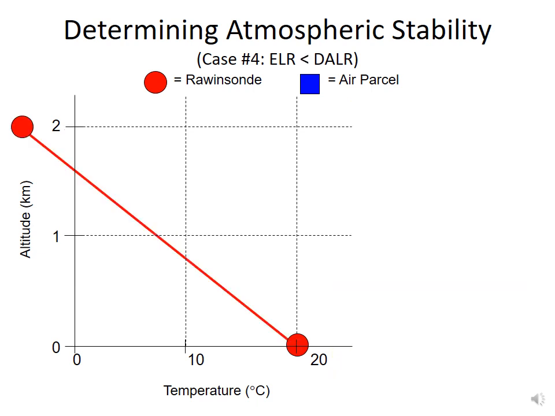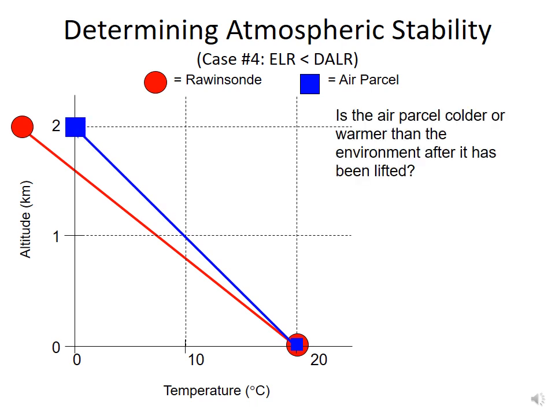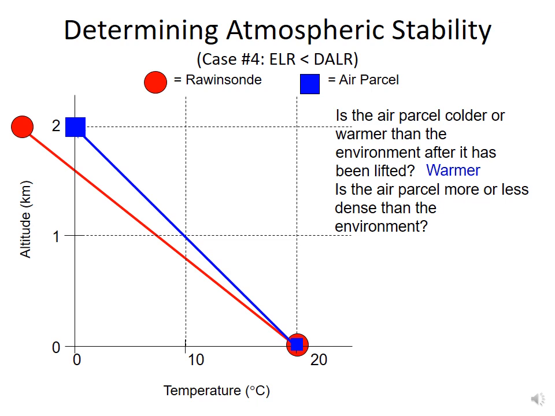We launch our balloon yet on a different day, and the temperature is decreasing very quickly with height. Let's repeat our thought experiment. We lift our air parcel. Something's different now. The air parcel is now warmer than the environment at 2 kilometers. Is that going to make it more or less dense?